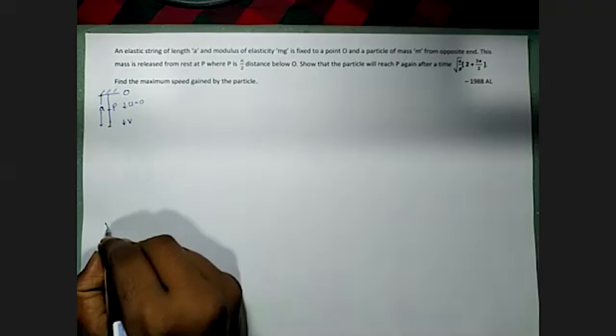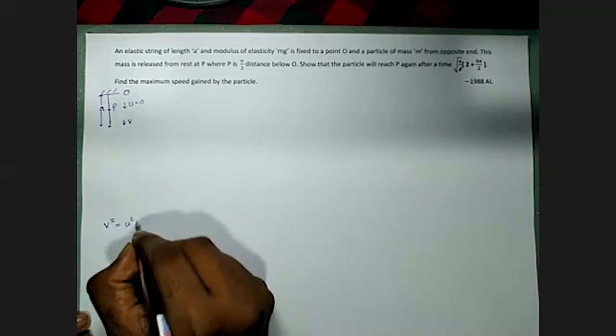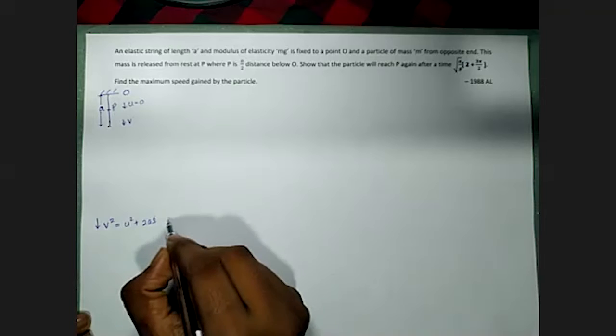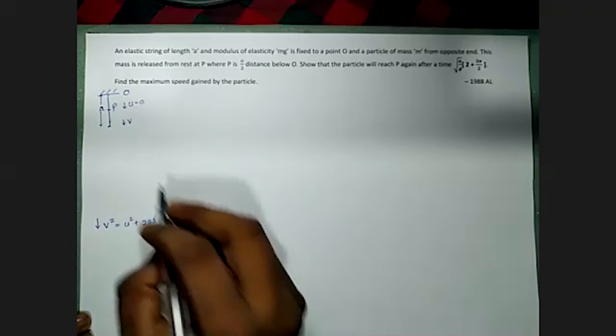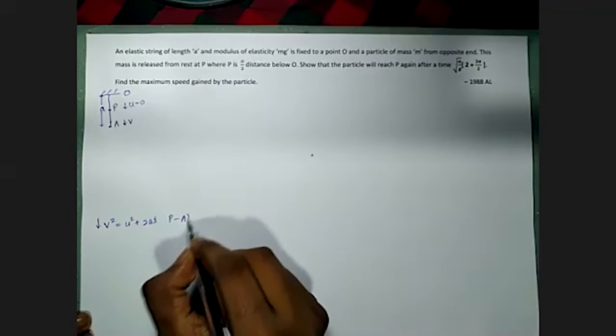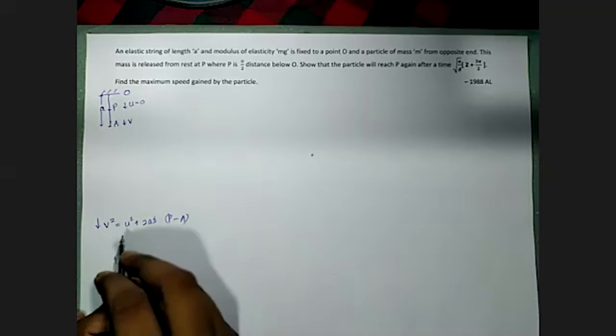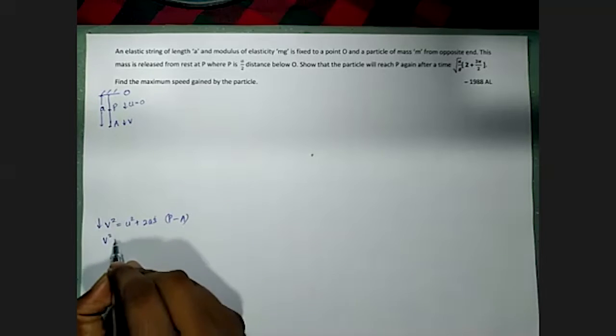What is the first equation I can apply? I can apply v squared equals u squared plus 2as down from P to, let's take this point as A, P to A. Then the final velocity is marked as v.